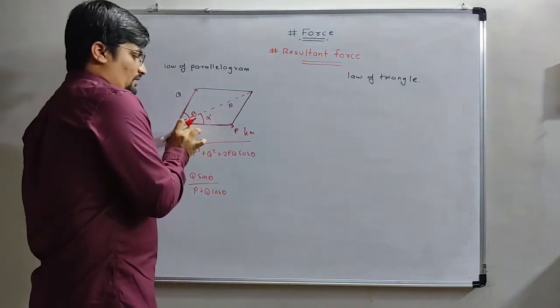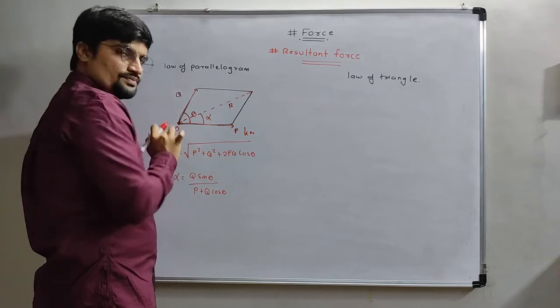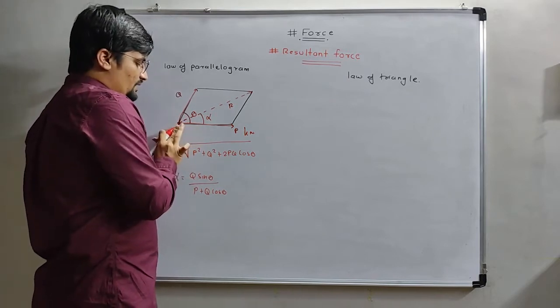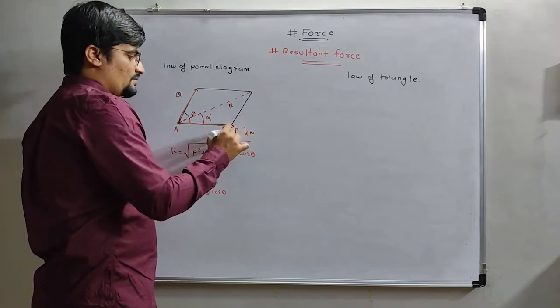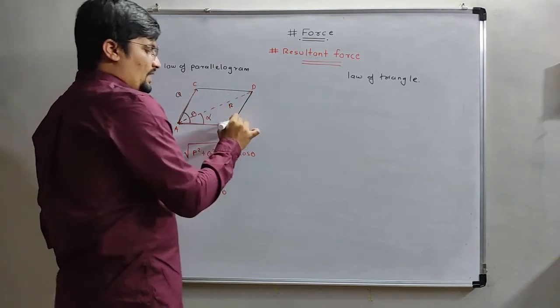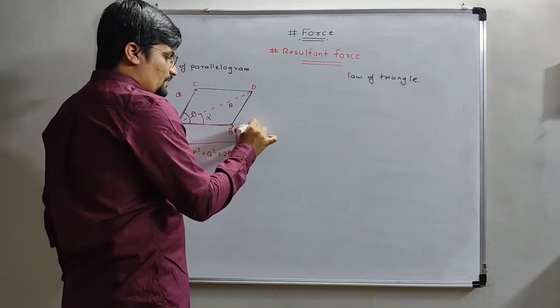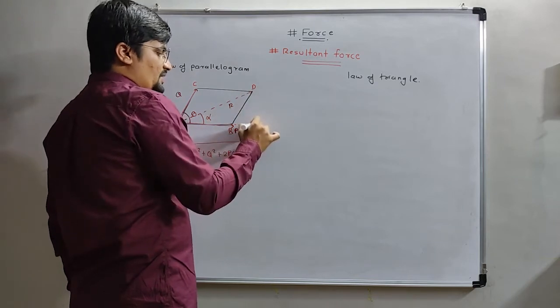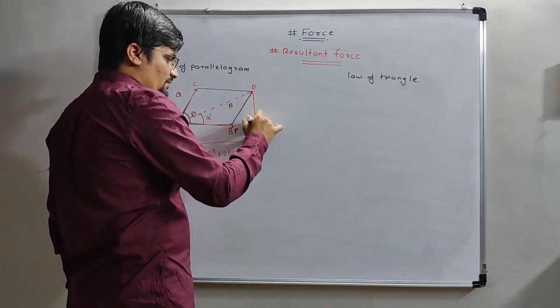If this one is a parallelogram, P and Q, I will take this as A, B, C, D. I will extend this till it becomes 90 degrees at the D point.